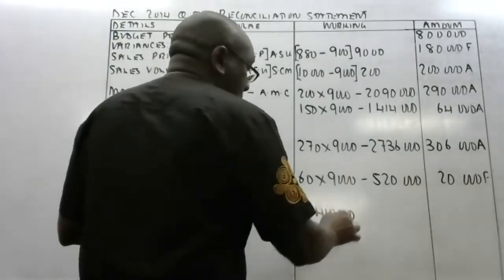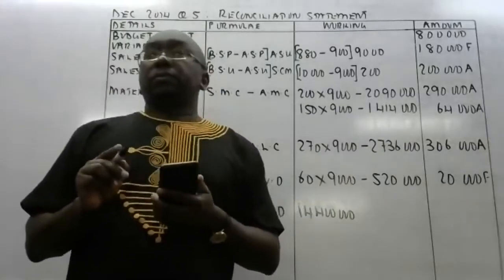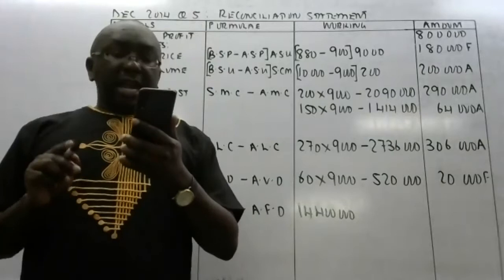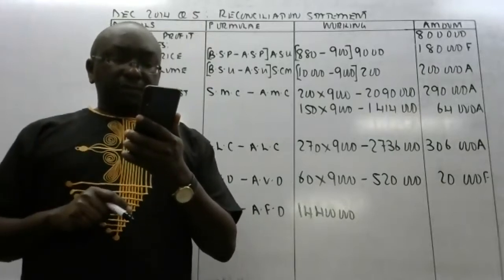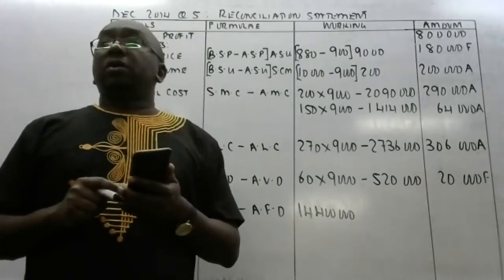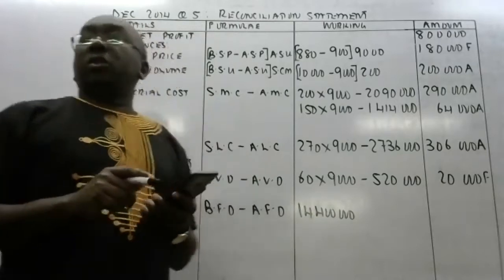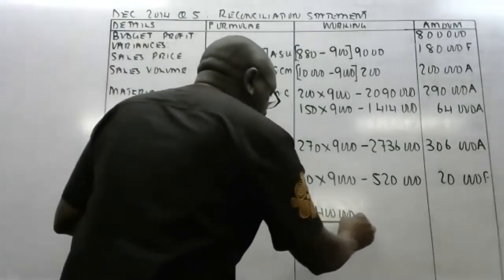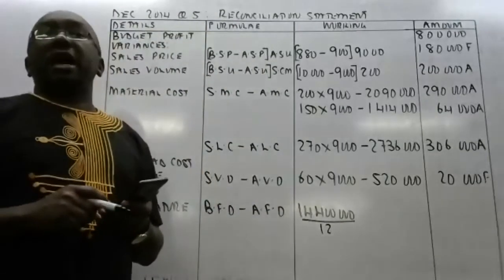So you take these 14,400,000. And that is for how long? 1 year. But looking at the budget, our budget was for a period of how long? It was for 1 month, the month of September. Because we are told they are incurred evenly, you divide by 12. You do it for 1 month.